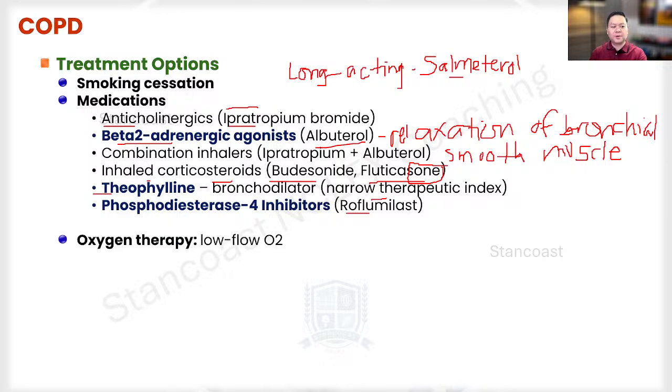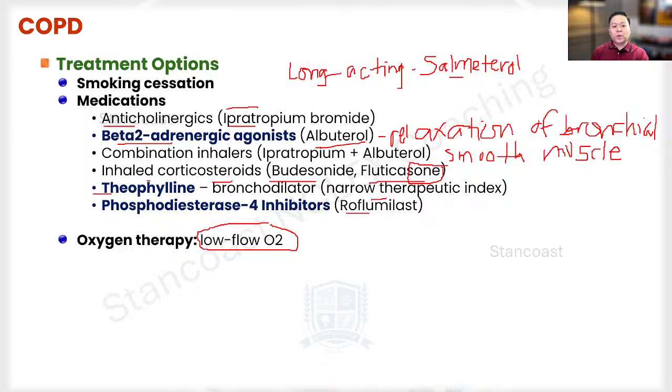Now, part of the therapy here is to include the oxygen therapy, which will really improve the survival of our patient. Again, I'm putting here low flow oxygen. The patient with a COPD will not require a high flow level because this is going to cause some toxicity.